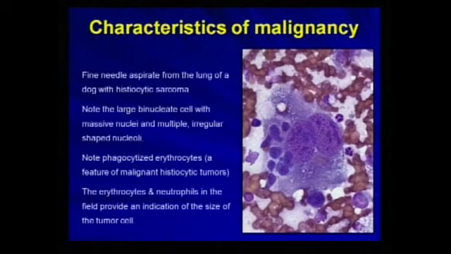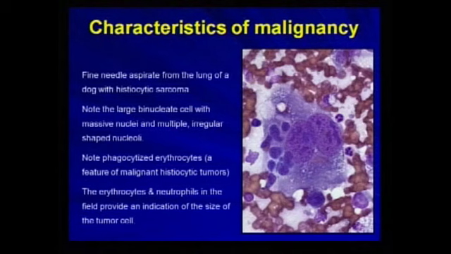We're looking at the aspirate of a dog with histiocytic sarcoma, and look at the variation between the small cells on the left of this cluster and the gigantic cell on the right. Okay.